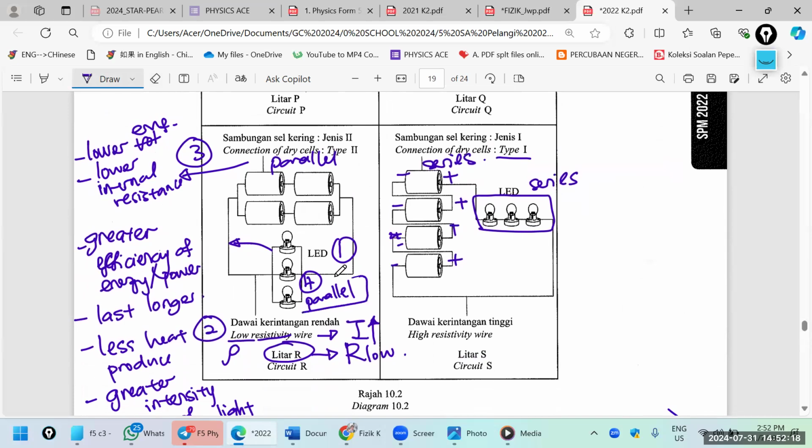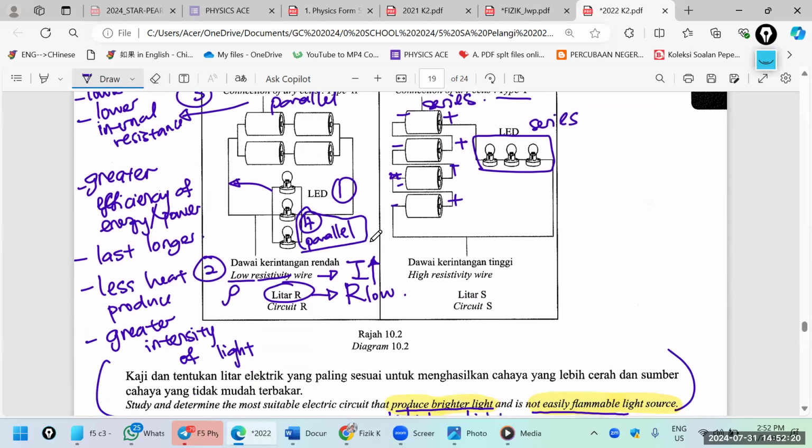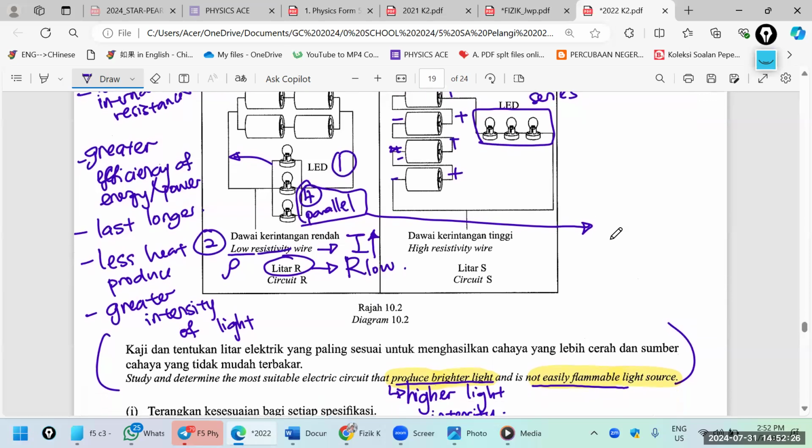Okay, number 4. Light bulb parallel, why? Here we can say lower resistance, but also cannot just write lower resistance.